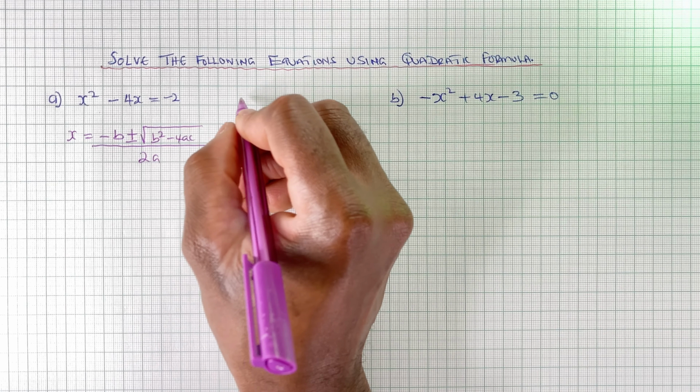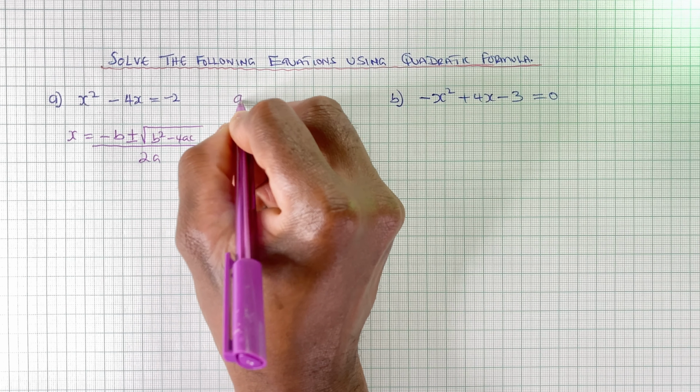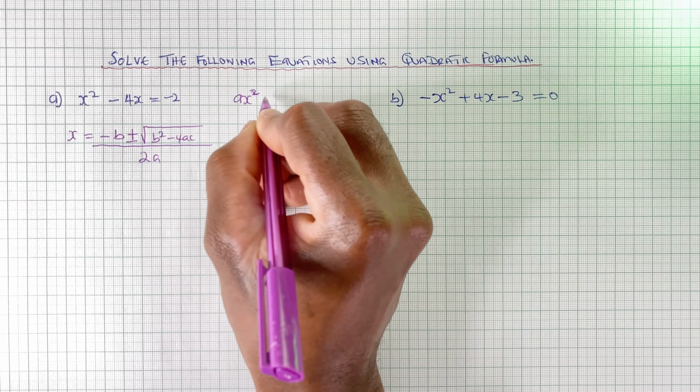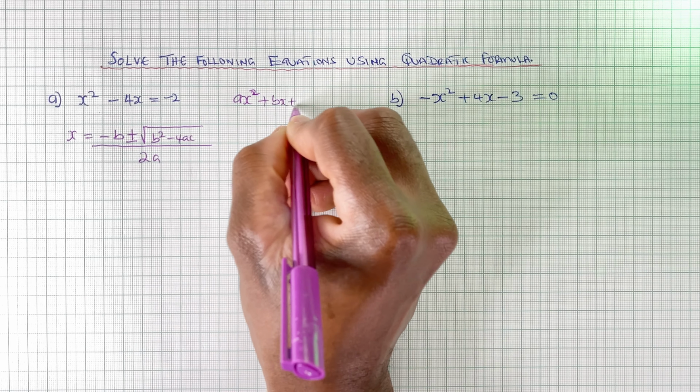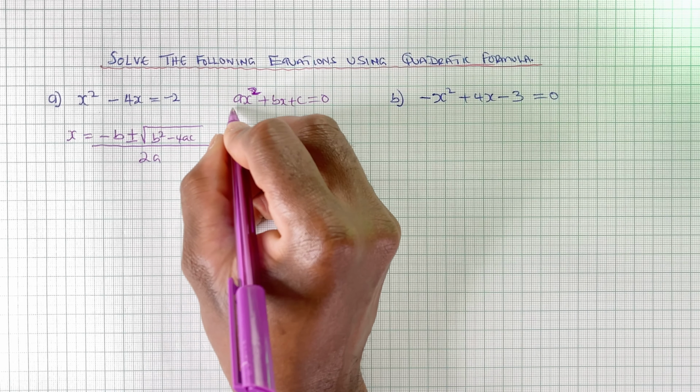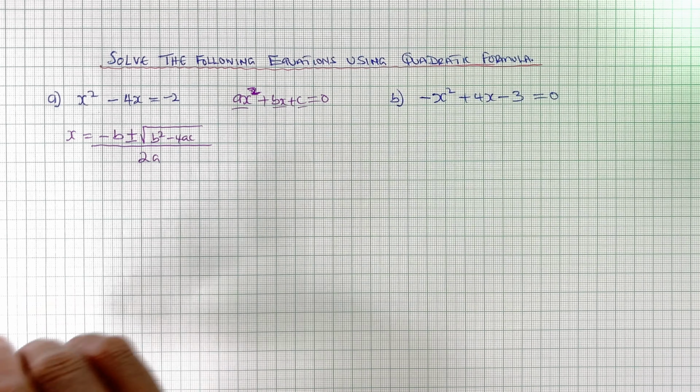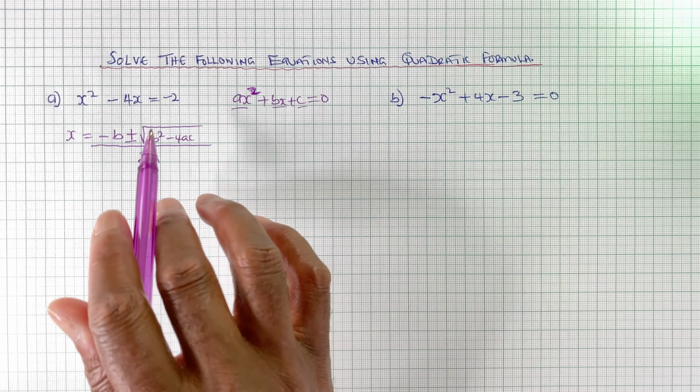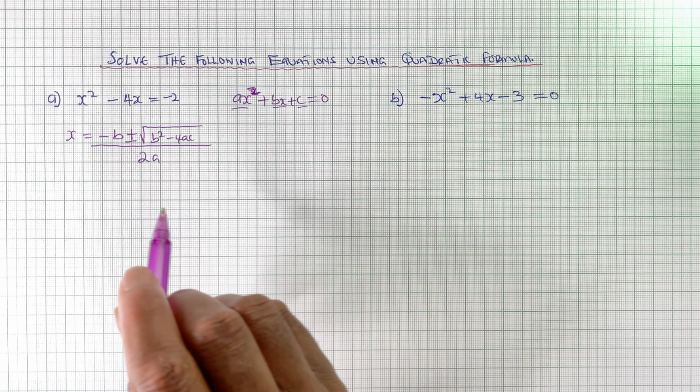And the quadratic equation is ax squared plus bx plus c equal to 0. This is a trinomial. It's got 3 terms, and therefore it's a polynomial function.